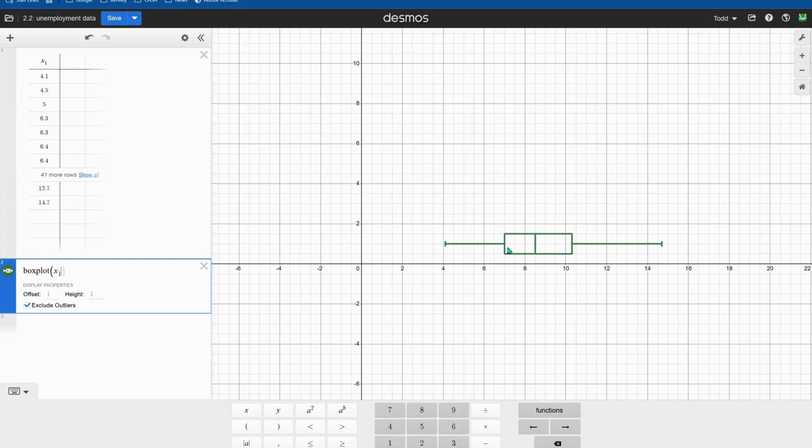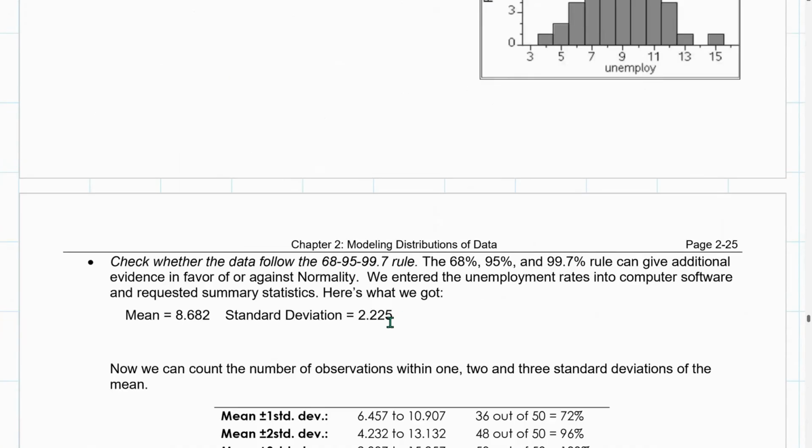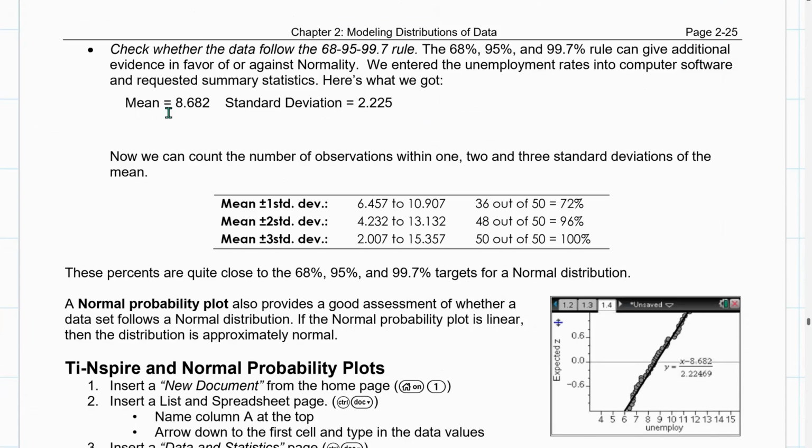All right. Now, for the last thing before we go to the normal probability plots. In the notes, they did some calculations and said the mean of this data set is 8.682 and the standard deviation is 2.225. They asked, how much of the data falls within one standard deviation of the mean?